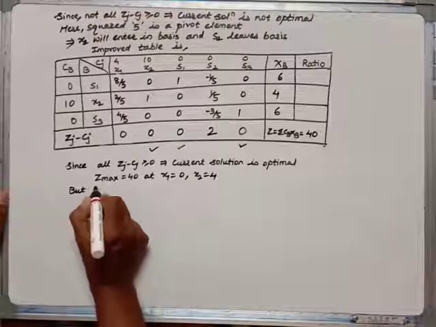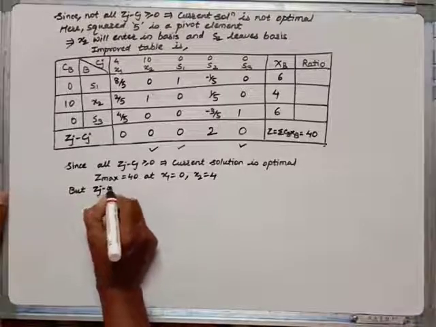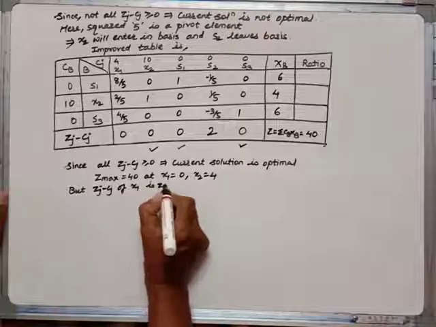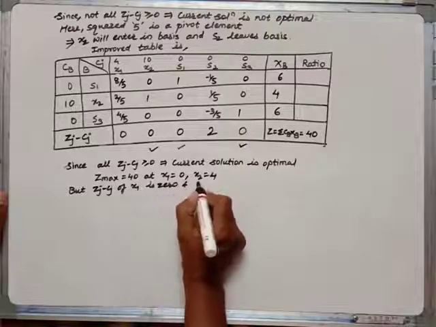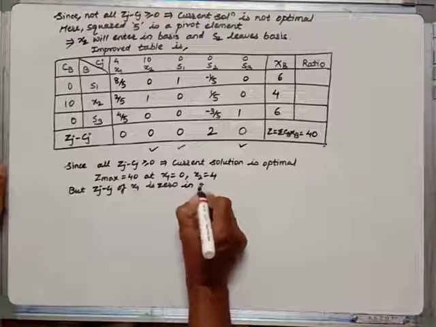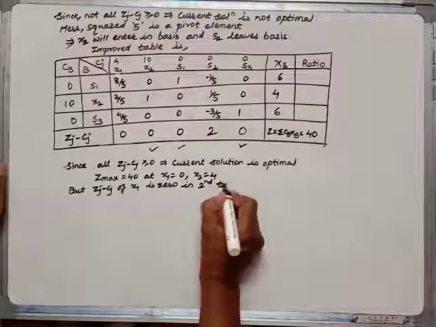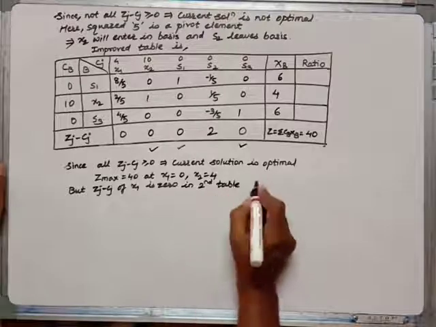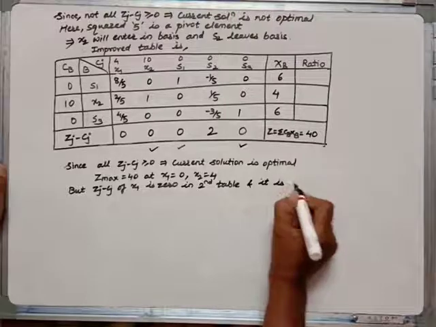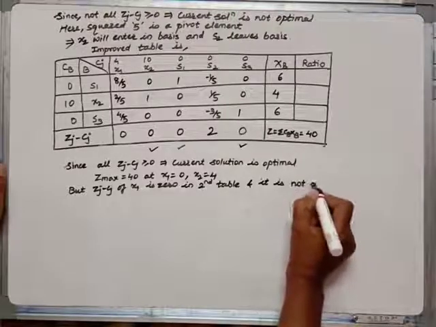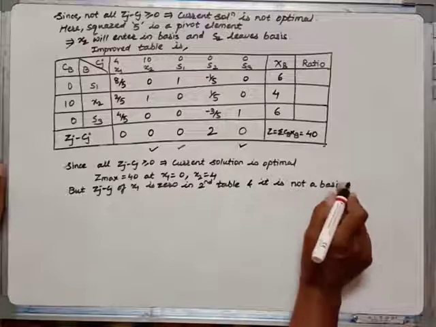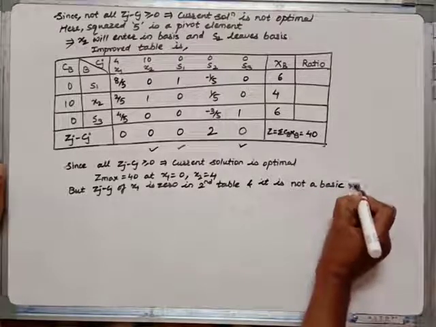But Zj minus Cj of x1 is 0, and 0 in second table, and it is not a basis element, it is not a basic variable.